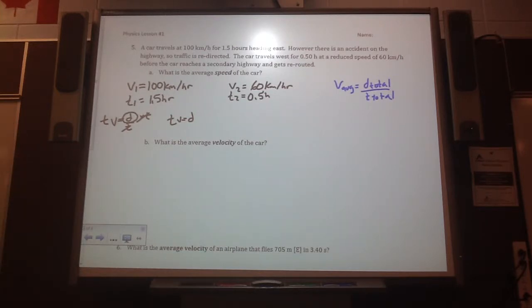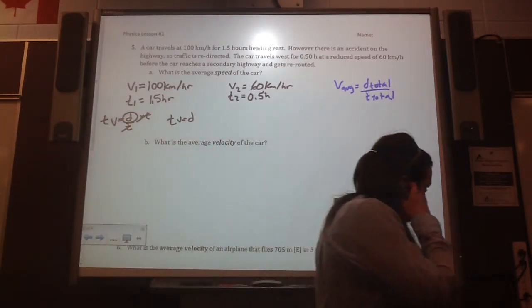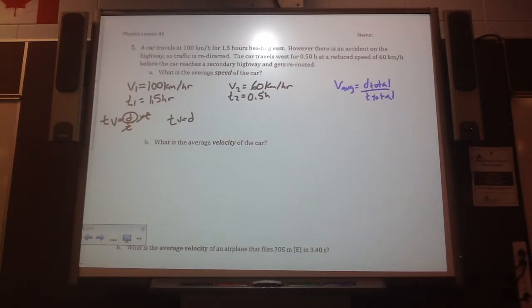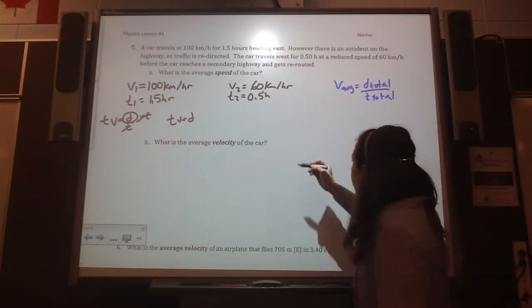I probably didn't give you enough room on this, so if you're getting crowded, you can take out another piece of paper and follow along. Sorry about that. Some of you might like the triangle method for doing these things, and I should put it on here so they can see too.